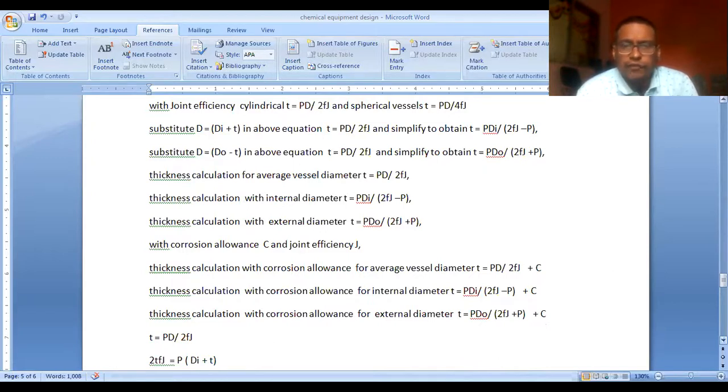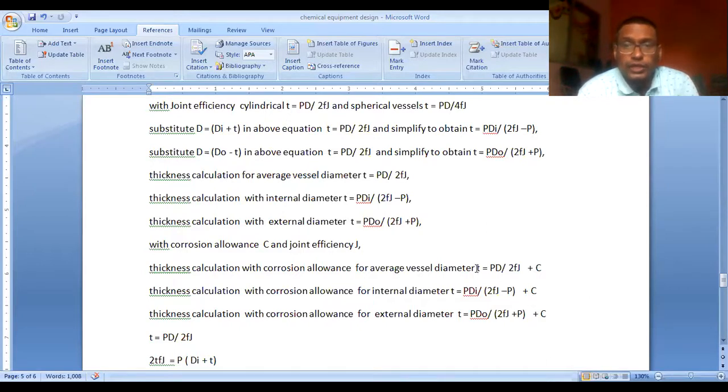Corrosion allowance: if it is a non-corrosive fluid, then the corrosion allowance will be 0. If it is a corrosive fluid, then it can be 1 millimeter, 2 millimeter or 3 millimeter depending on the nature of the fluid. This corrosion allowance is to be added.